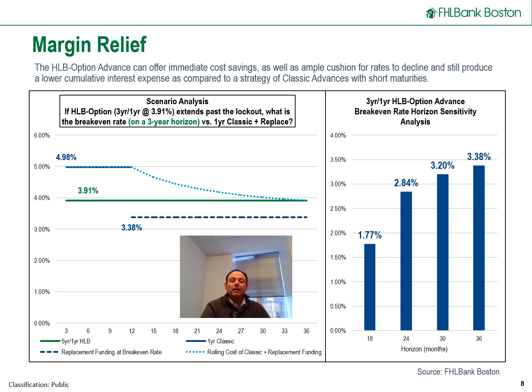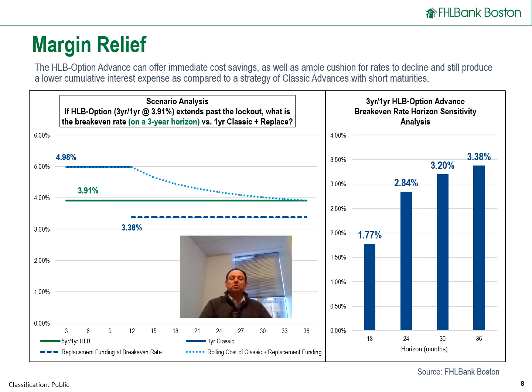With the HLB option advance, you're subject to it being exercised or continuing to stay on the books. So we can do the arithmetic and ask how far rates would have to go down for the cost savings advantage for the HLB option to move in favor of the classic and replace strategy.